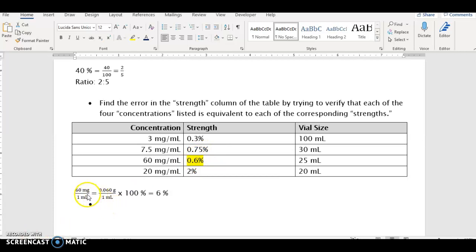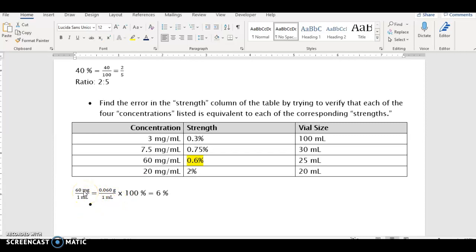Once again, I knew to convert the milligrams into grams because this very clearly tells me that this is a dry solute: 60 milligrams of dry solute in 1 milliliter of solution. Remember, anytime you deal with solutions with dry solutes, the proper units are always grams over milliliters.